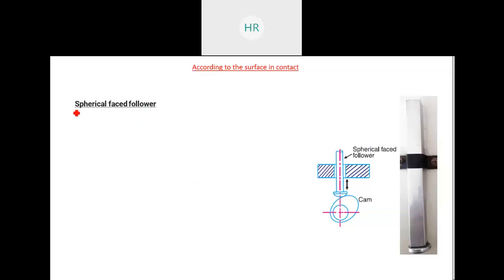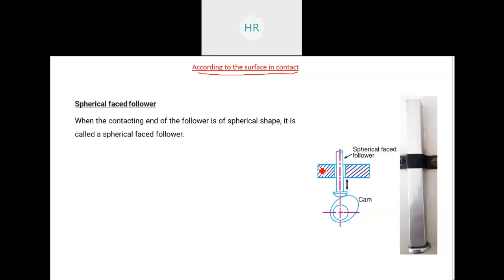Next is the spherical faced follower. This is also named according to the surface in contact. Now you can observe the end of the follower has a spherical shape. When the follower end is spherical, it is called a spherical face follower.